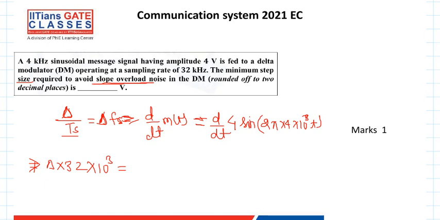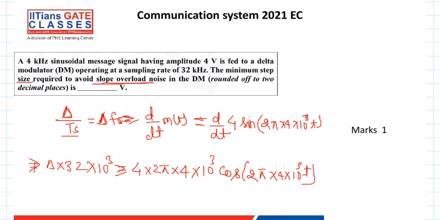Now if you differentiate it, you will get 4 into 2 pi into 4 into 10 to the power 3, and this sine will become cos. Now this should be true for all cases, so we will take the case when this is maximum. When this is maximum, this cos term will become 1, and then we need to just take this term.